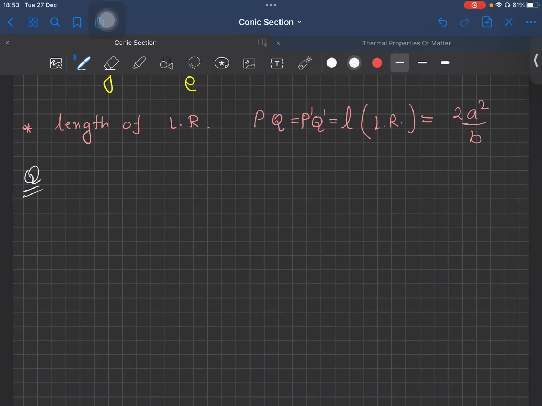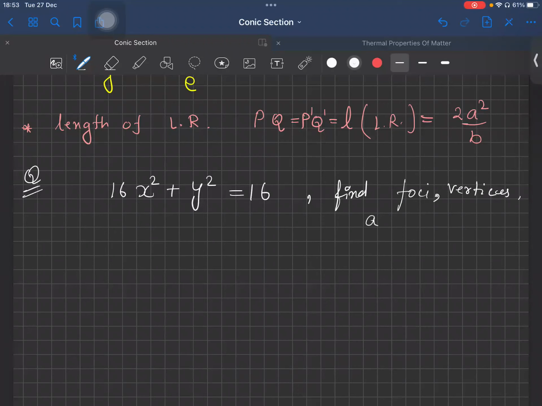Solve a problem. Okay, you are given 16x square plus y square is equal to 16. Find the coordinates of foci, vertices, length of major axis. Find a, b, e.